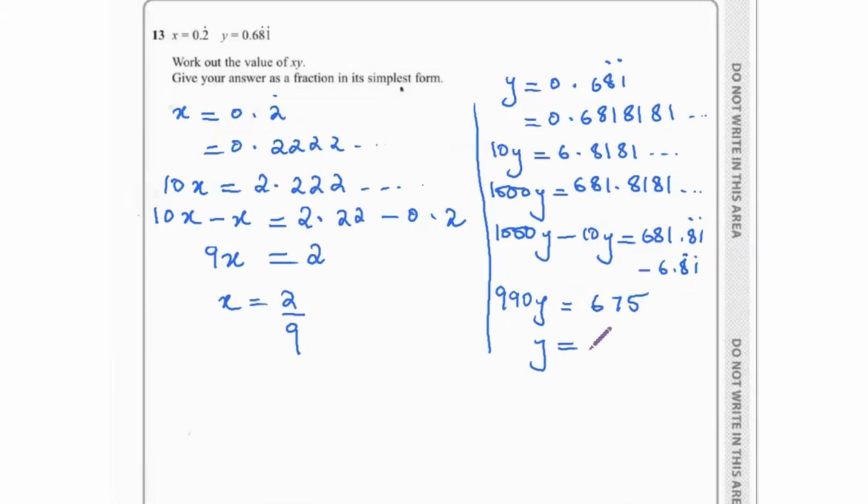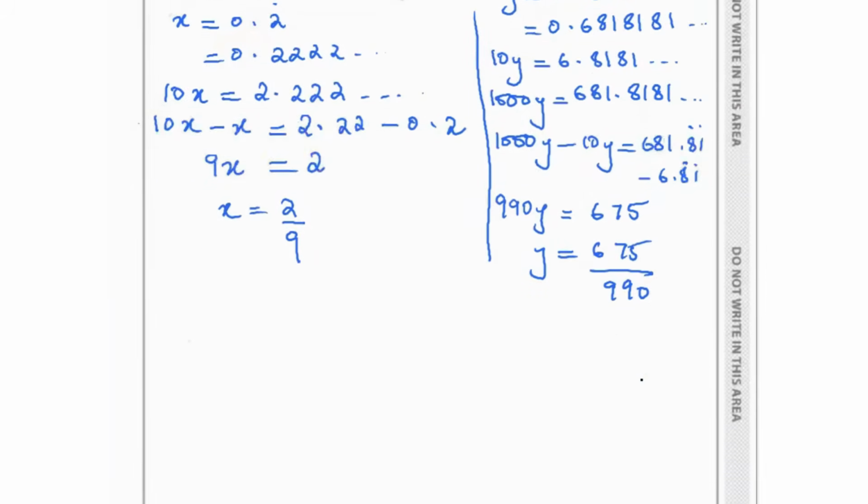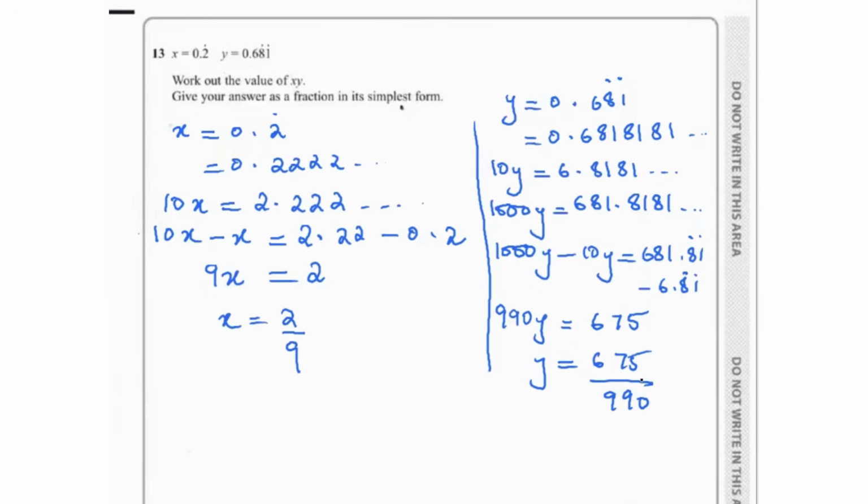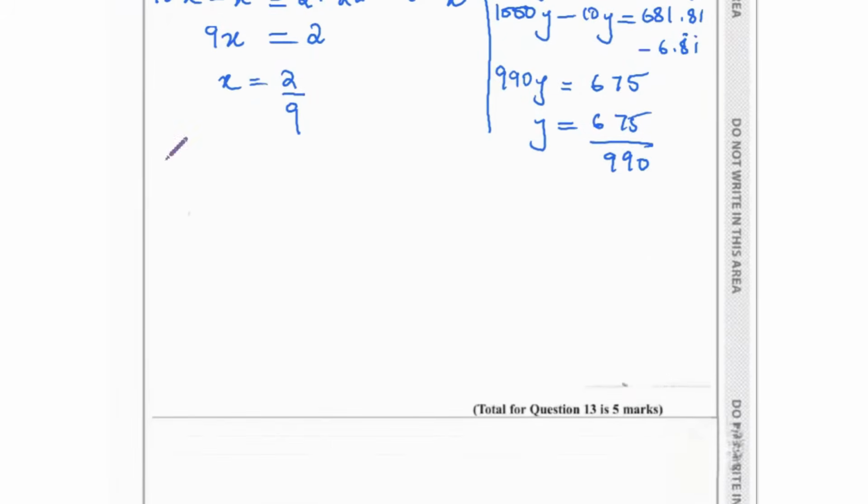So y is 675 divided by 990. They wanted the value of x times y. So x times y is 2/9 times 675/990.